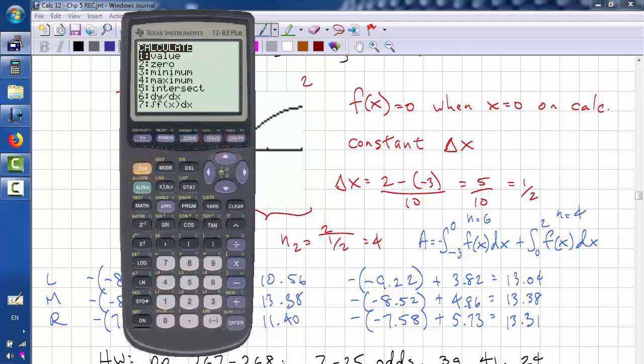Okay, we're going to do calc. The integral of the second one, you can see that here. And the lower limit is negative 3, and the upper limit is 2. So the actual is 13.31.